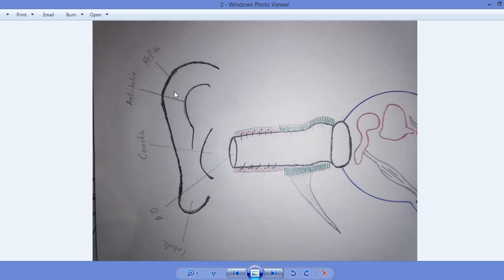But with the posterior surface of the helix, it means that the sound is not going to strike this area. It is not going to strike the concha, because it is striking a posterior surface. So the posterior surface consists of sweat glands, and sweat glands secrete sweat.